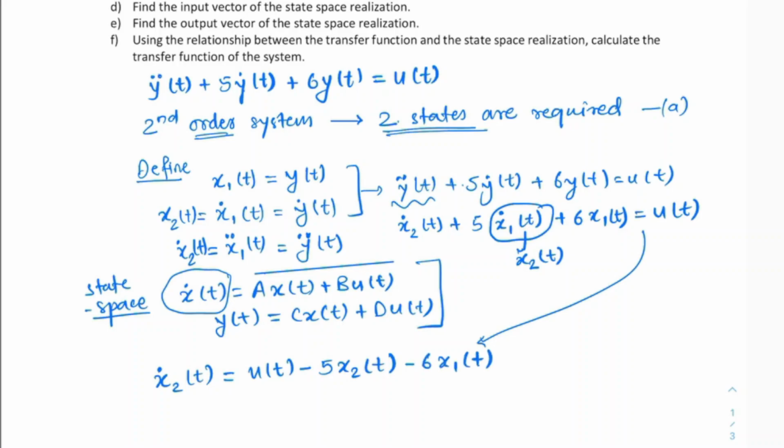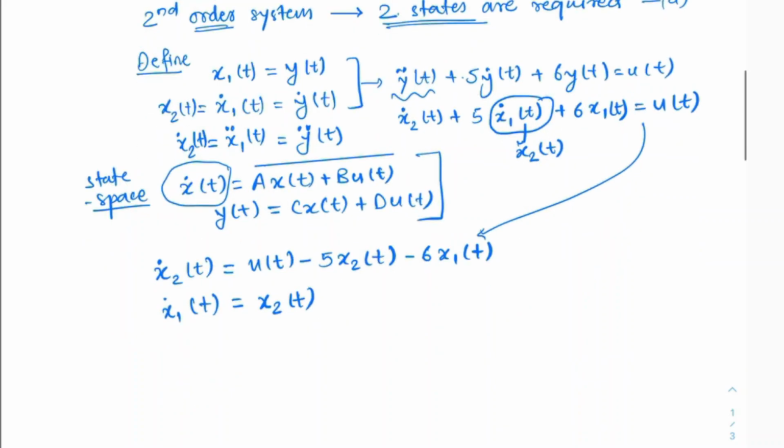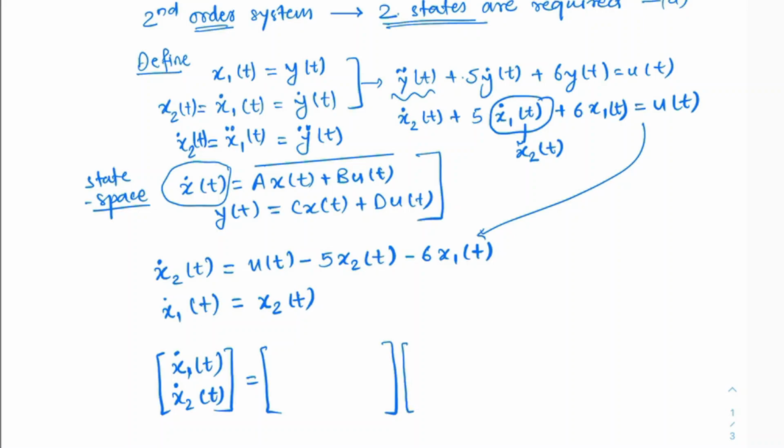And we already have x1 dot of t as x2 of t. So if we were to write things in matrix form, the derivative of x1 of t and x2 of t equals some matrix A into x1 of t and x2 of t plus some other matrix into u of t.